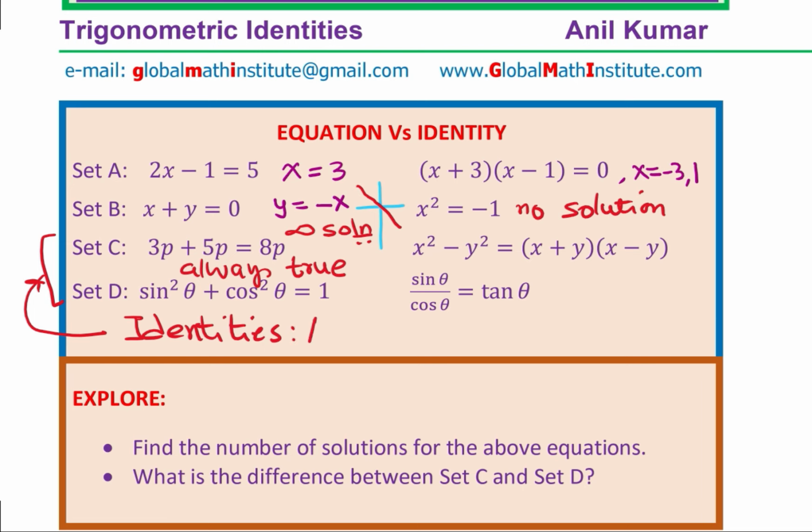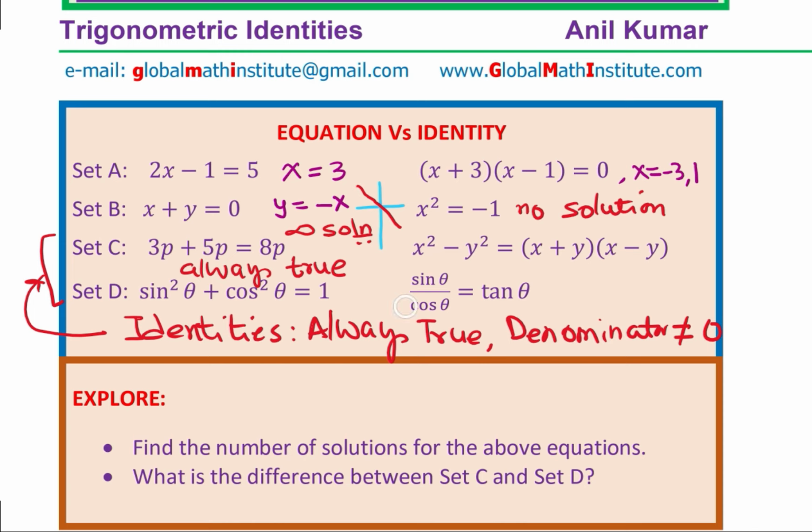So identities mean always true. And of course, the denominator cannot be 0, right? So we know the denominator cannot be 0. Not equal to 0. Perfect. Because that point is not in the domain. So those will be the restrictions. Perfect.